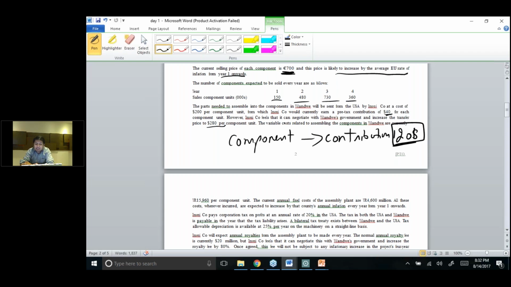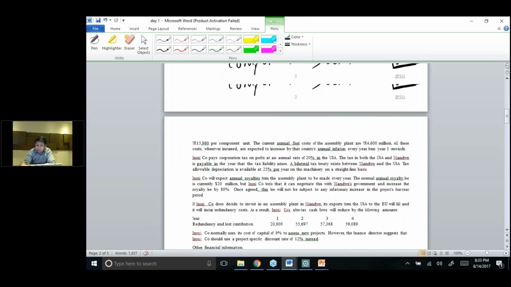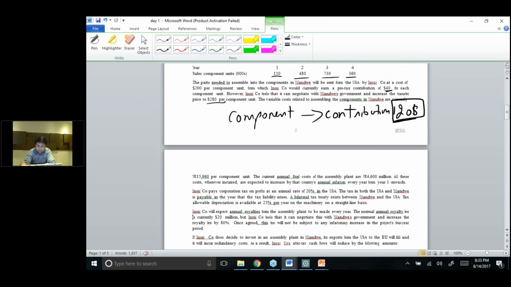So the parent company will sell the special component to the subsidiary and earn $120 on each component every year. And obviously this is before considering the inflation.